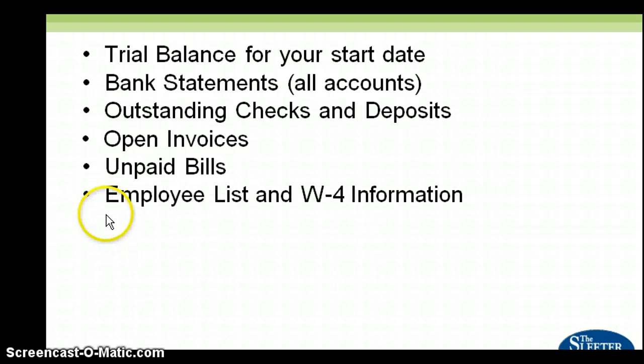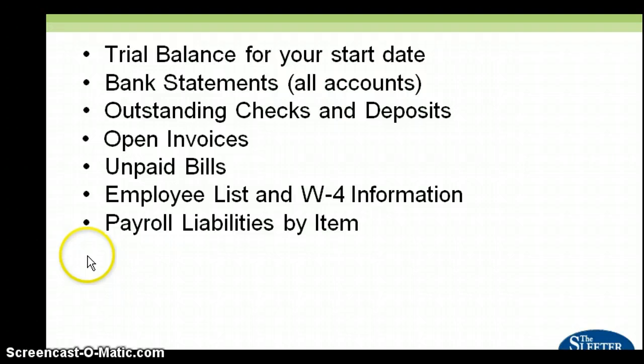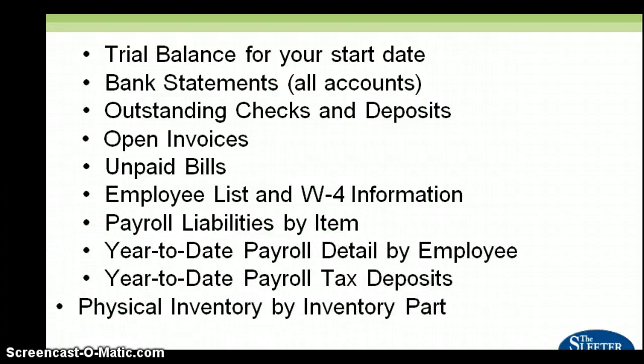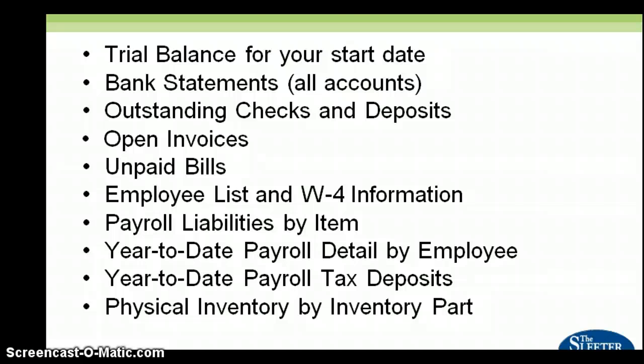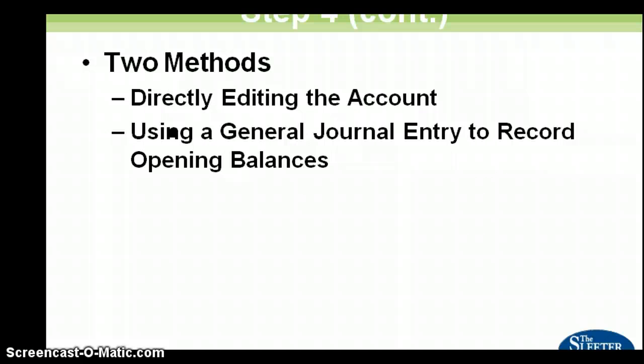So when we're starting our new company, what we'll need is a trial balance, a copy of the most recent reconciliation, and a list of any open invoices that have not been paid. If we have employees at this point, we'll have the employee list so that we can enter those as well, payroll liabilities and other items, and if applicable, inventory items.